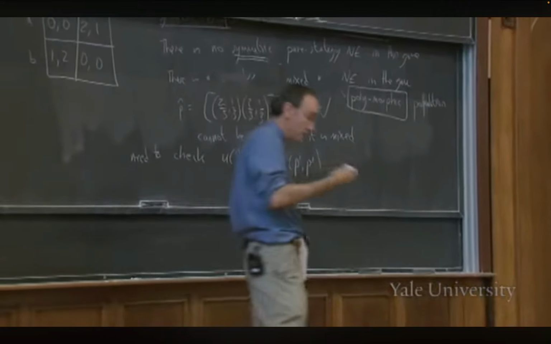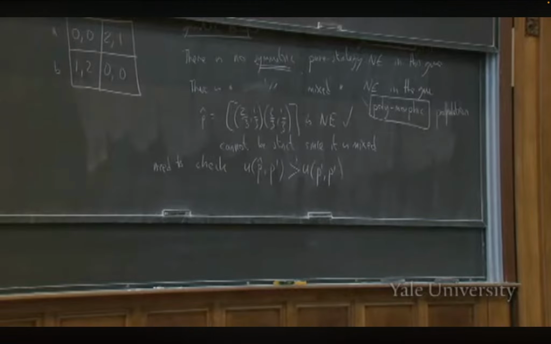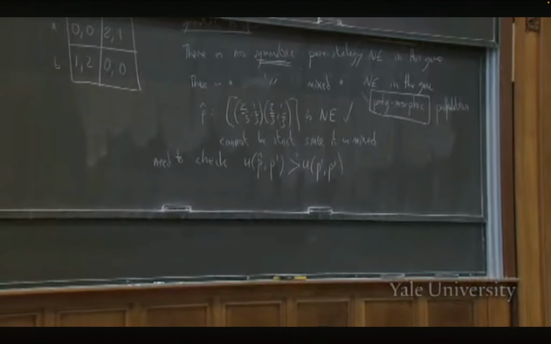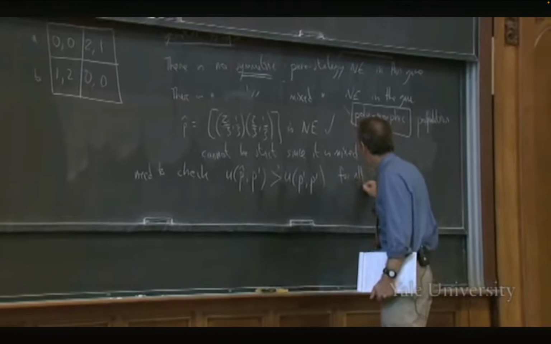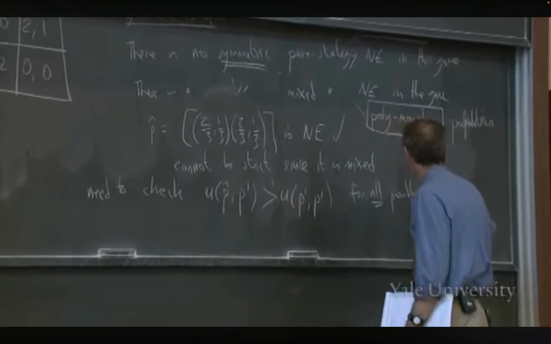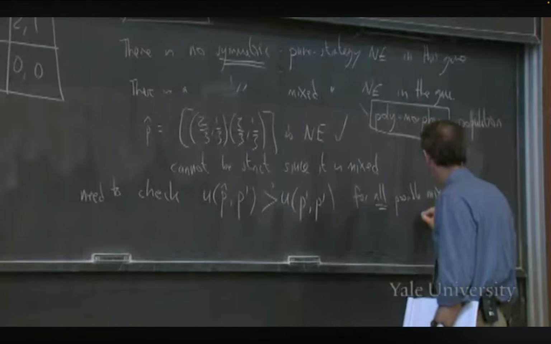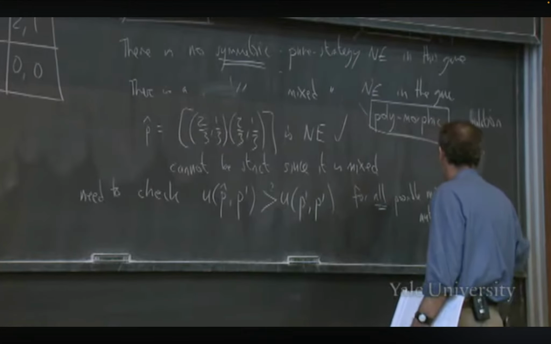How does this mix do against all other possible mixes versus how those mixes do against themselves? And we'd have to do this, unfortunately, for all possible, and now we have to be careful, all possible mixed mutations P prime.